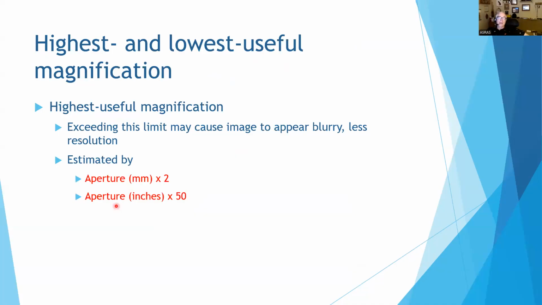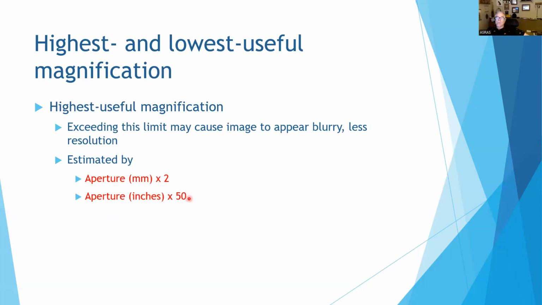And you can estimate the highest useful magnification that you can achieve by the aperture size in millimeters times 2, or the aperture size in inches times 50. So with my 6-inch SCT scope or my 8-inch Dob, the highest useful magnification I can achieve with that is 400.